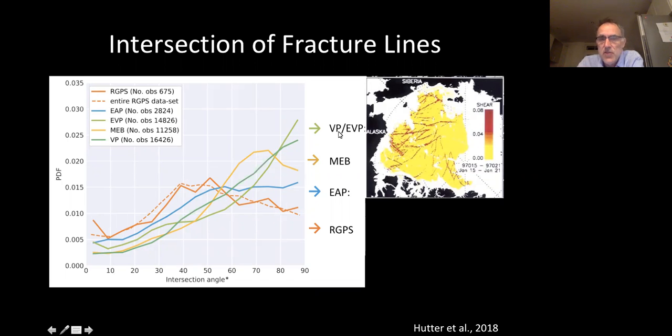And this is the case for the standard viscous plastic model, the elastic viscous plastic model, the Maxwell elasto-brittle, and the elastic anisotropic plastic model. In the case of the MEB, there is a peak in the distribution, but it's around 70 degrees, and it's much larger than what is being observed.